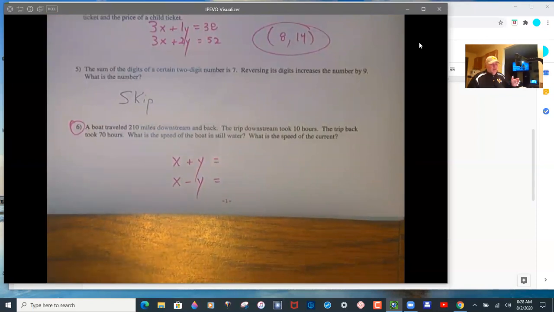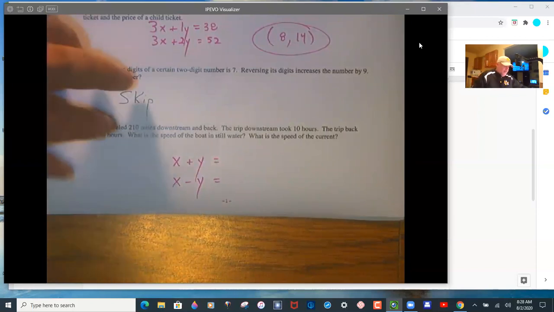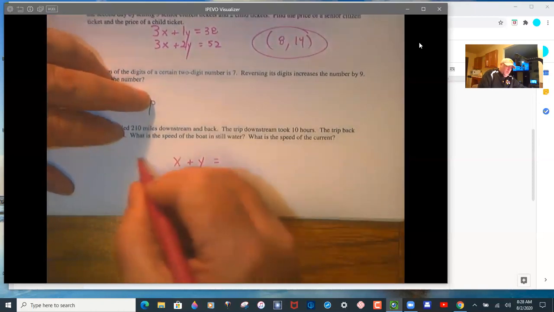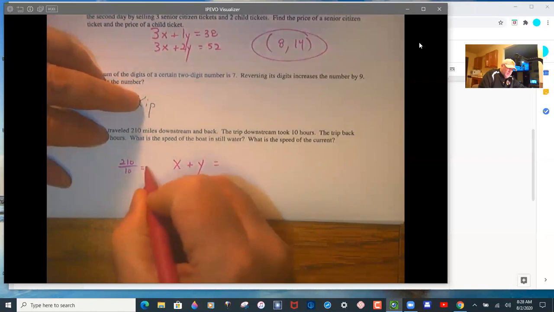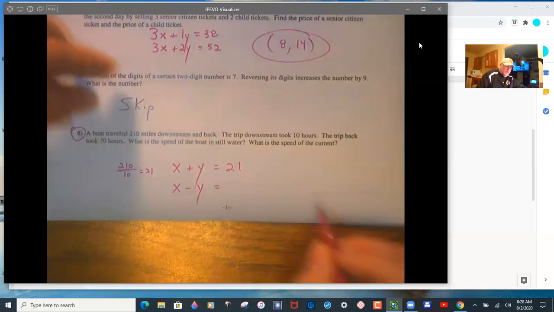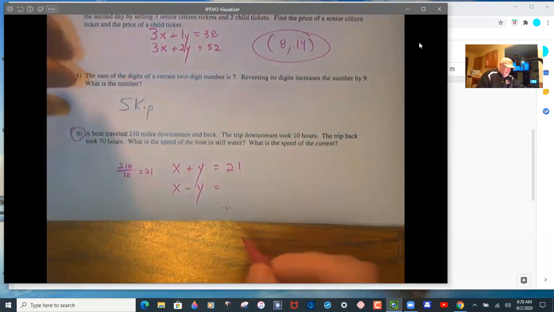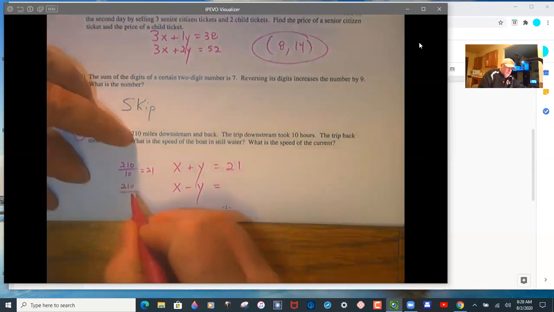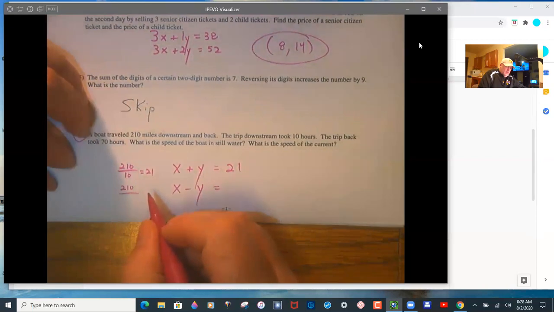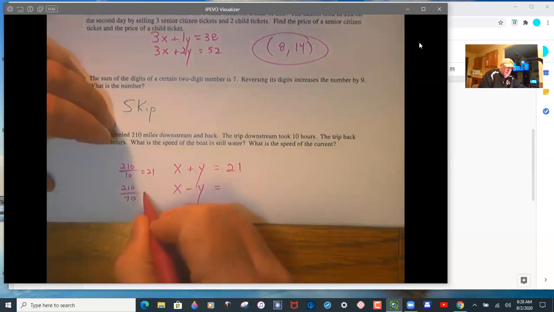And then you need to figure the speeds out on the right. So the problem is they give you the distance and the time. If you take 200 and divide by 10, you get 20 miles per hour going downstream. And then it's going to be even less coming back, 200 over 70 hours.